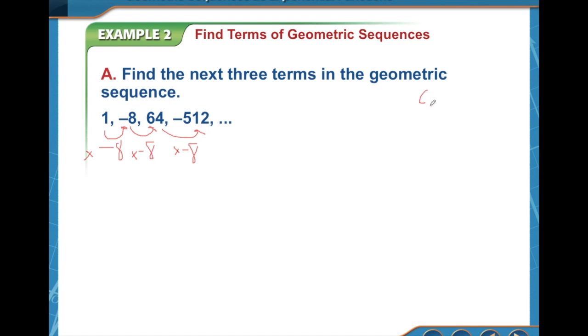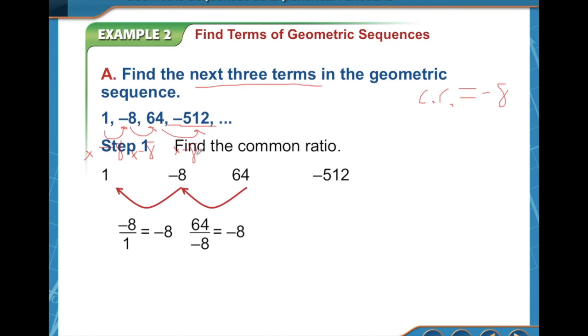So our common ratio, I'll put an R, is a negative 8. So we're multiplying by negative 8 every time. So we're asked to find the next 3 terms in the sequence. In other words, take the last term, negative 512, multiply by negative 8, and then continue to do that 2 more times.